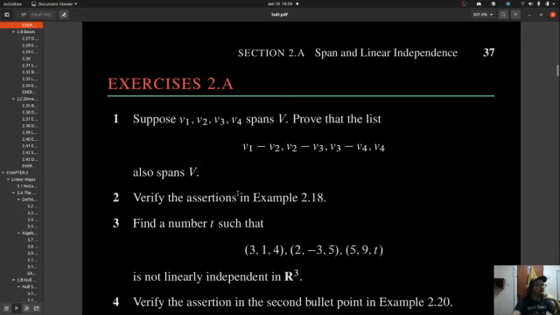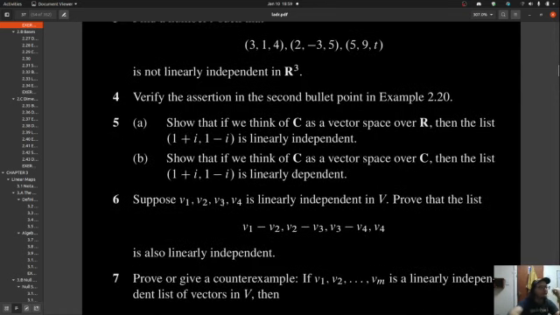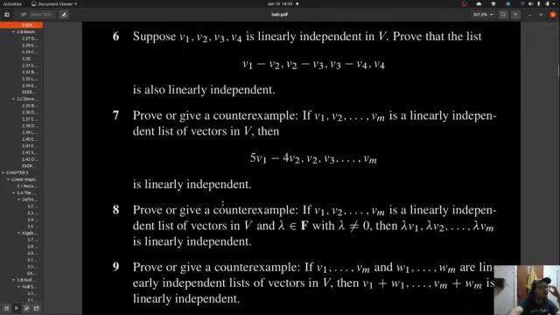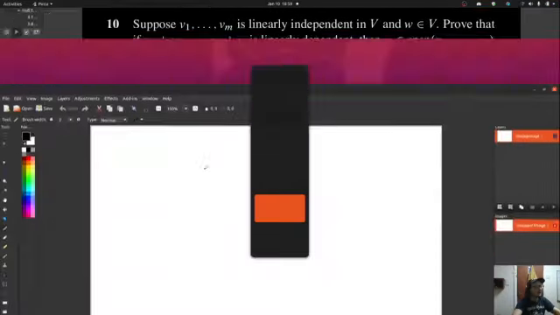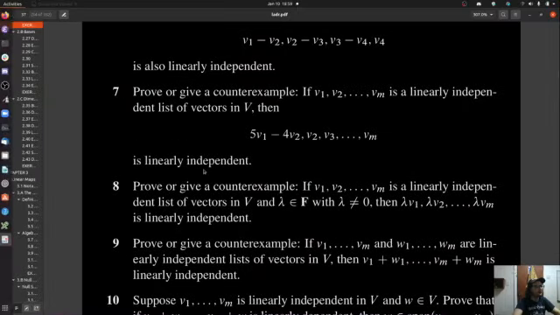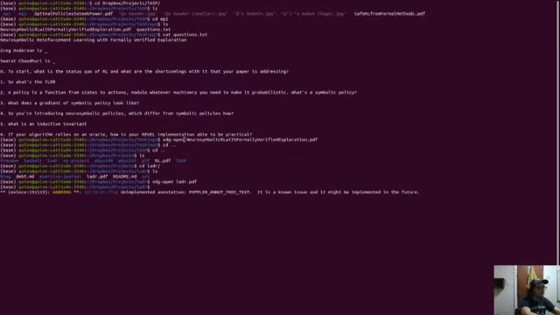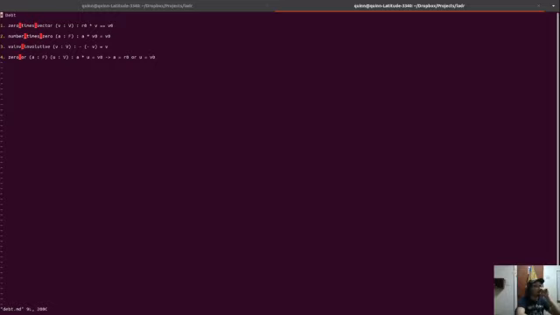Alright. Where were we? I think I was working on a counterexample for number 7. What I can do is go into the file, vim det. Oh, that's annoying.